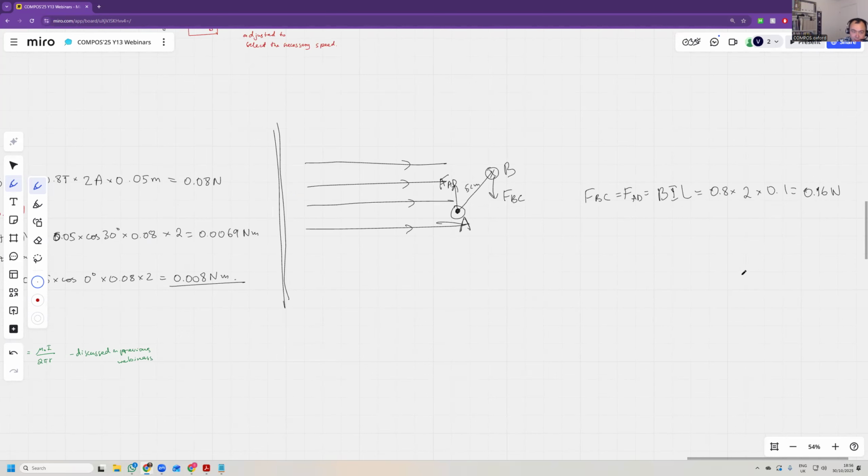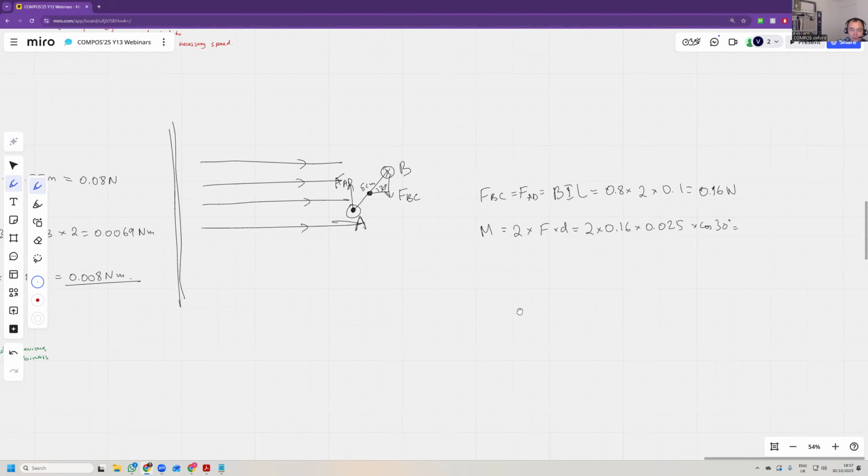So it's double the force, but because the distance is shorter, the length is shorter. So the moment is 2 times the force times the distance, which is 2 times 0.16 times 0.025 times cos 30 degrees.